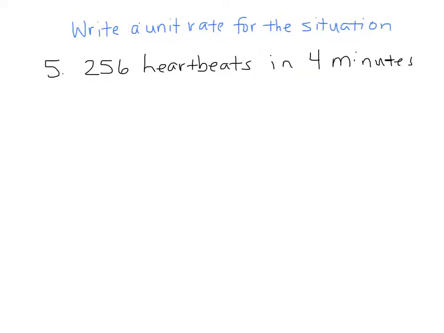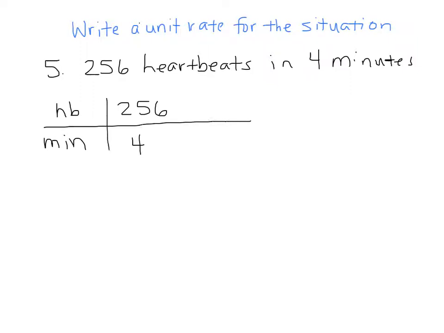Number 5 says 256 heartbeats in 4 minutes. So with this one, you can do the same thing. I've got heartbeats, we'll just say HB, and then we have minutes. And we know we have 256 every 4 minutes. How many heartbeats do we get per minute?